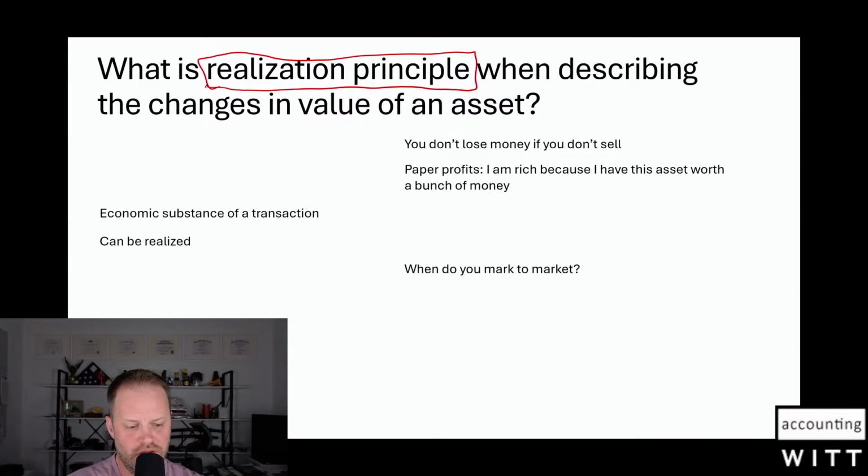All right, what if you have an asset, like let's say you have some really valuable Pokemon card and it's worth $1 million. Do you consider yourself a millionaire? On paper you would, but you run into the same situation of you haven't realized the gain.